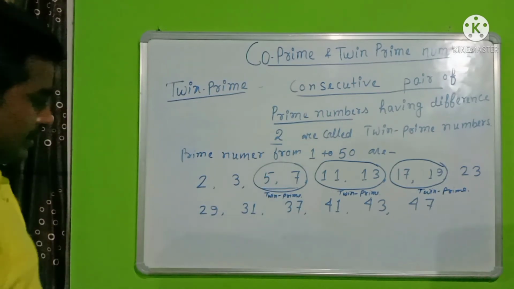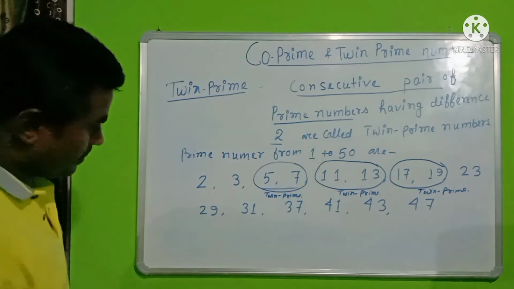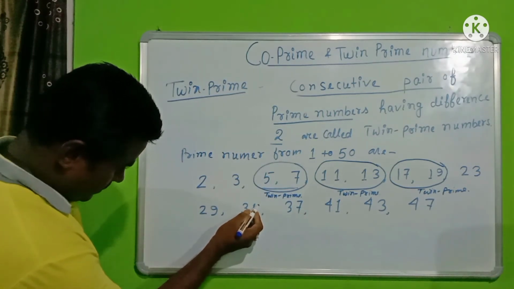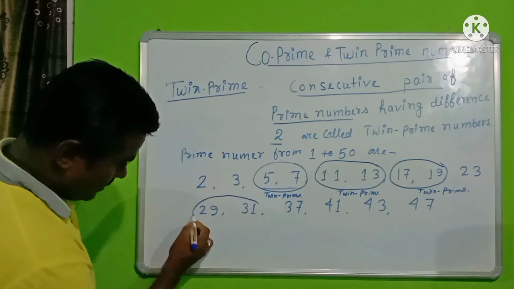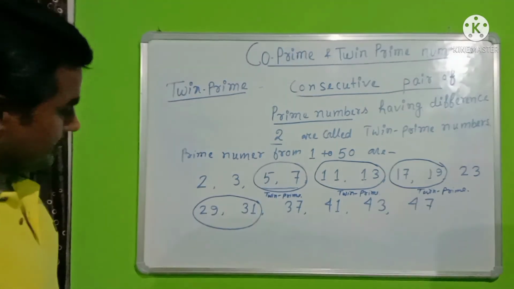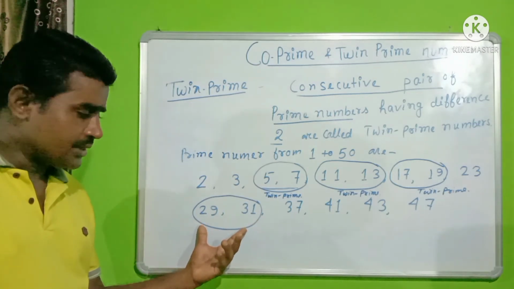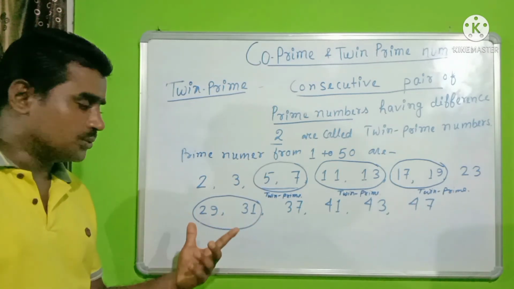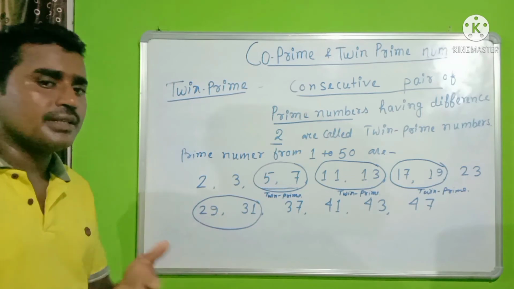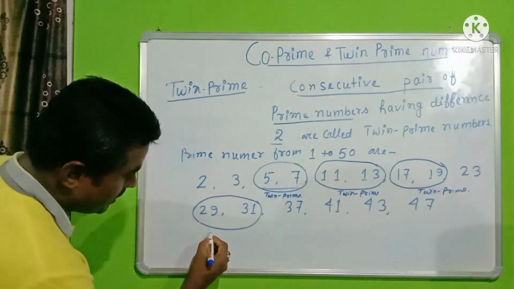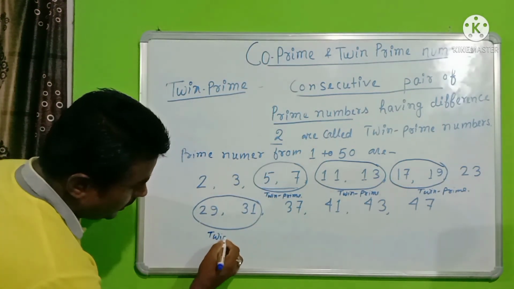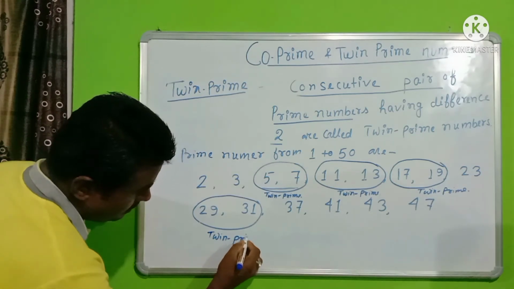Okay. Then another twin pair. You see this pair, 29, 31. They are consecutive primes. Again, their difference is 2. 31 minus 29, it is 2. That means this pair is also twin prime.